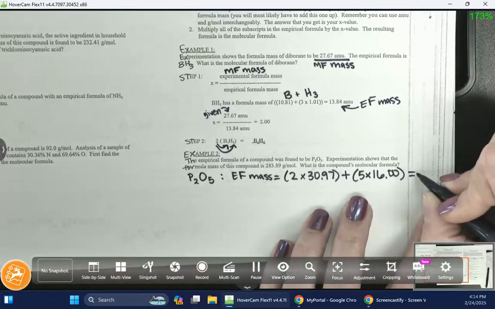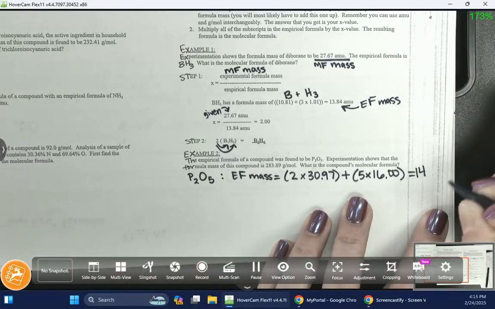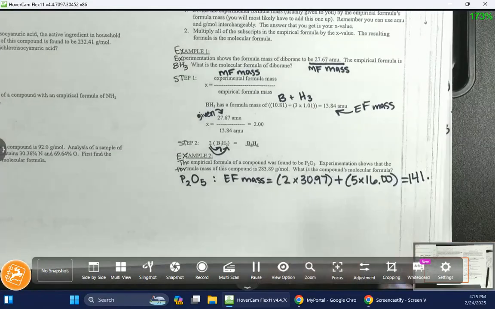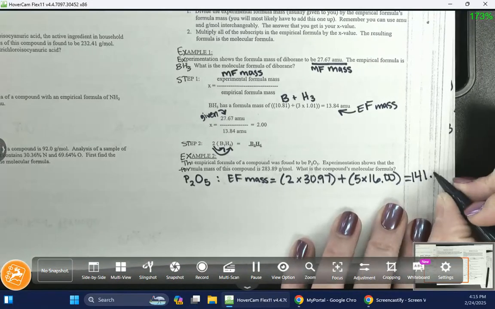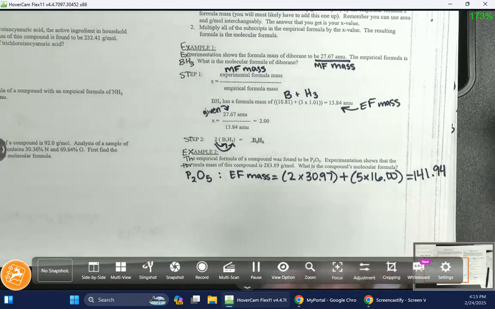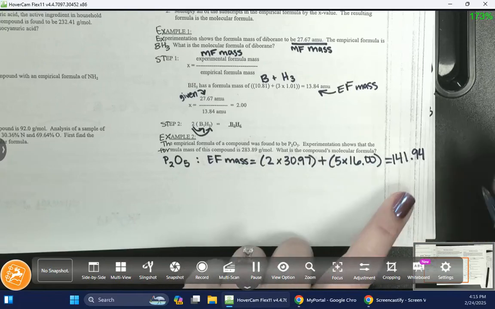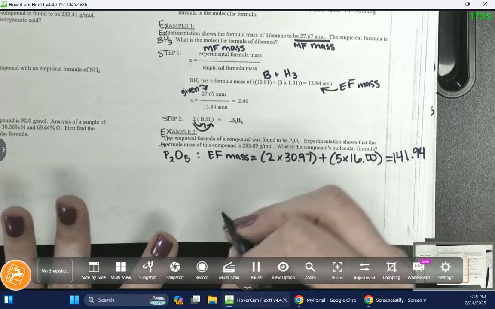So that mass should come out to be 141.94. Okay, so that's my empirical formula mass.